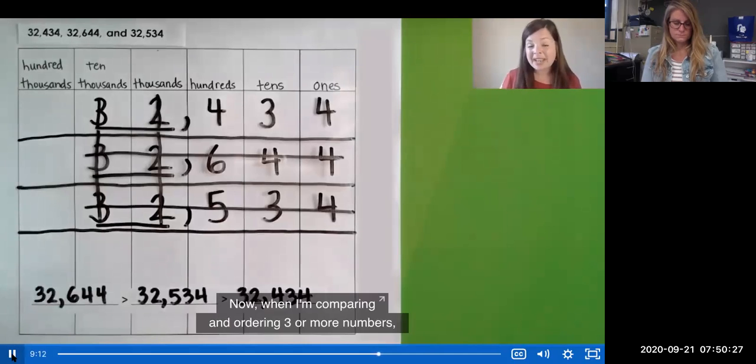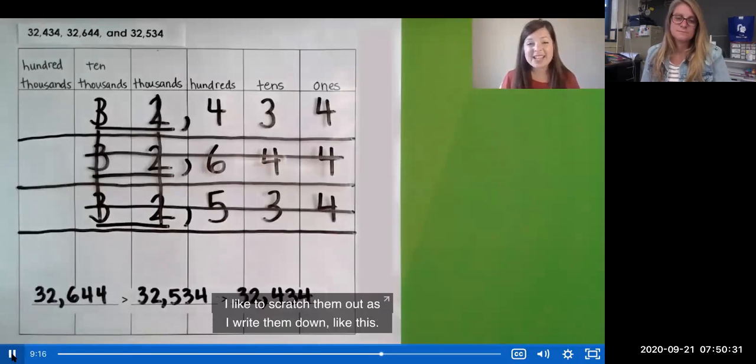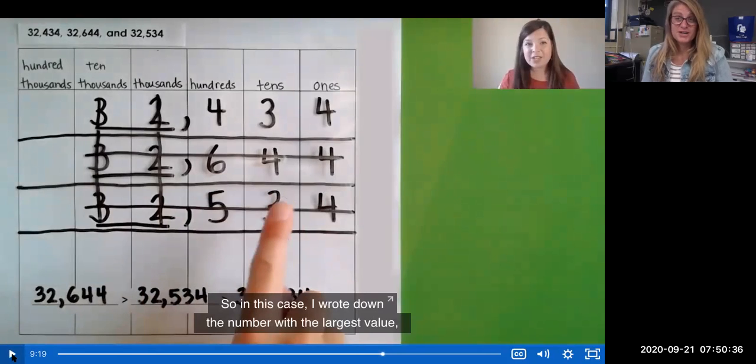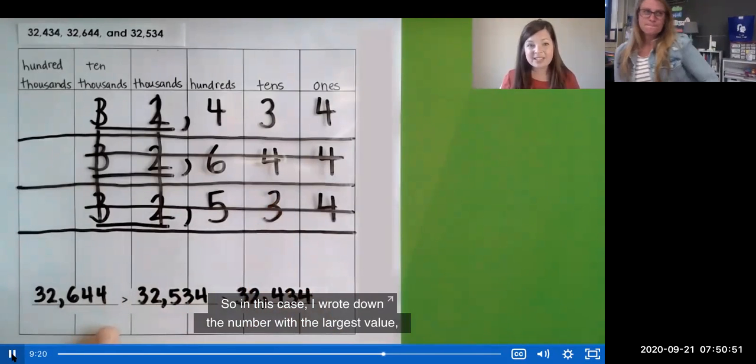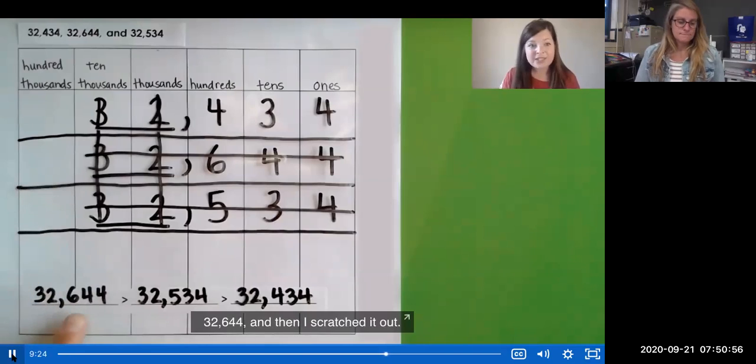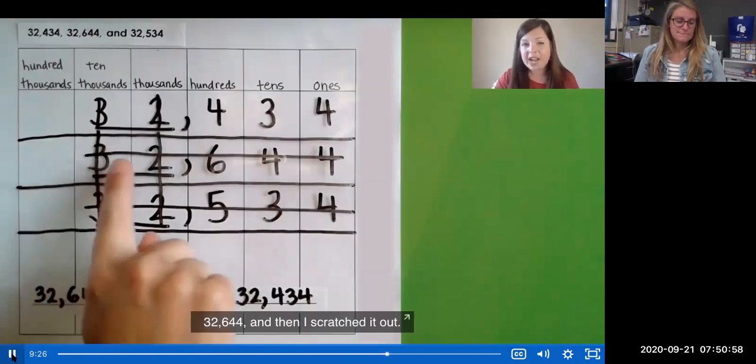Now when I'm comparing and ordering 3 or more numbers, I like to scratch them out as I write them down, like this. This is a smart strategy because once you get to comparing or ordering 4 or 5 numbers, you might get lost or confused. So make sure as soon as you've written them down, you cross them out so you don't rewrite them. In this case, I wrote down the number with the largest value, 32,644, and then I scratched it out.